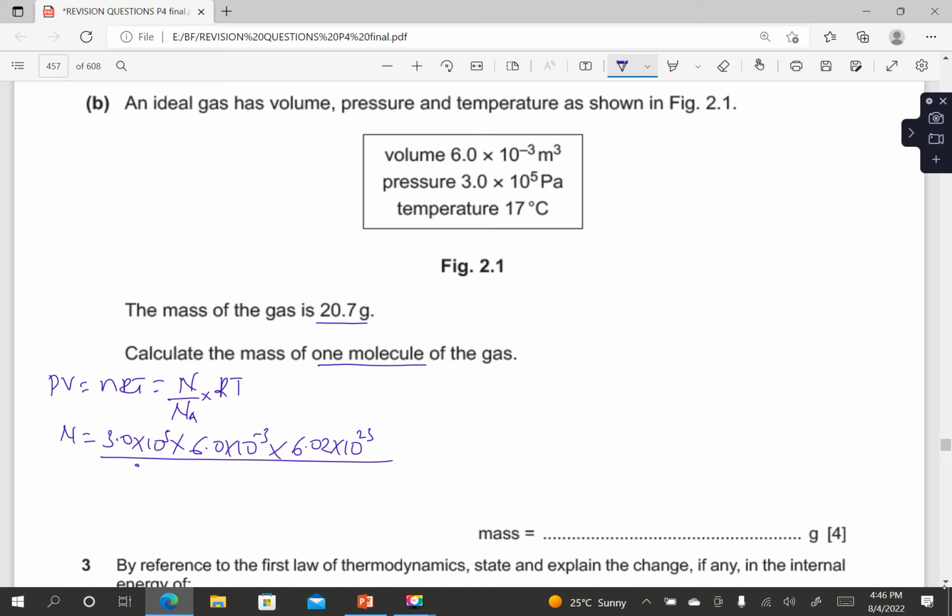I'm trying to make n the subject. R is 8.31. Then temperature is 17 degrees Celsius plus 273, that is 290 Kelvin. This will give us the number of molecules.